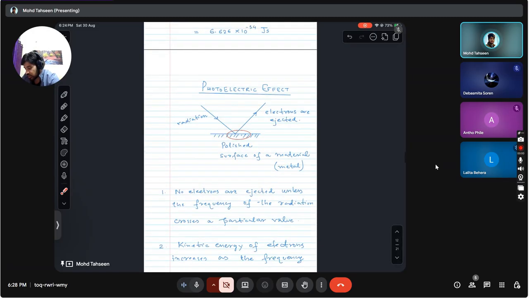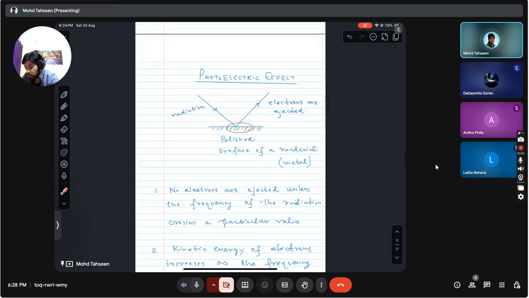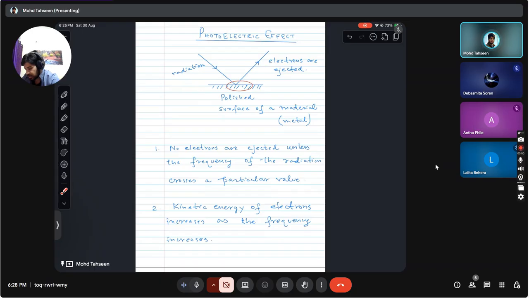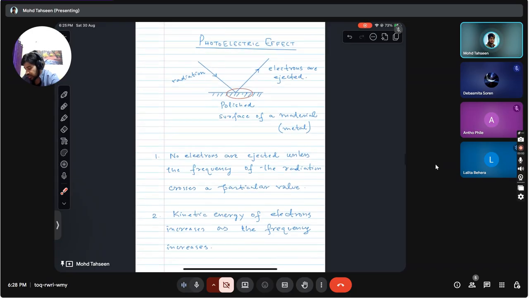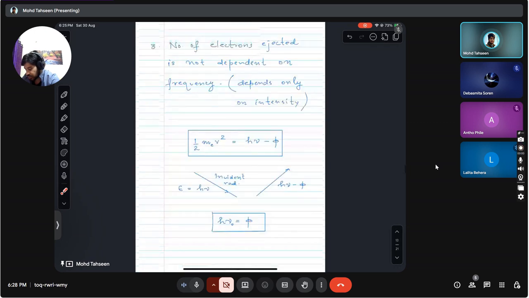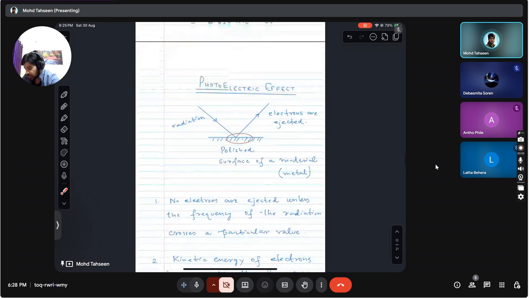And following this, the photoelectric effect, which was known and observed experimentally even before Max Planck's work but was again unexplained, was explained by Einstein, who followed in the footsteps of Max Planck and used the same principles. So what is the photoelectric effect?